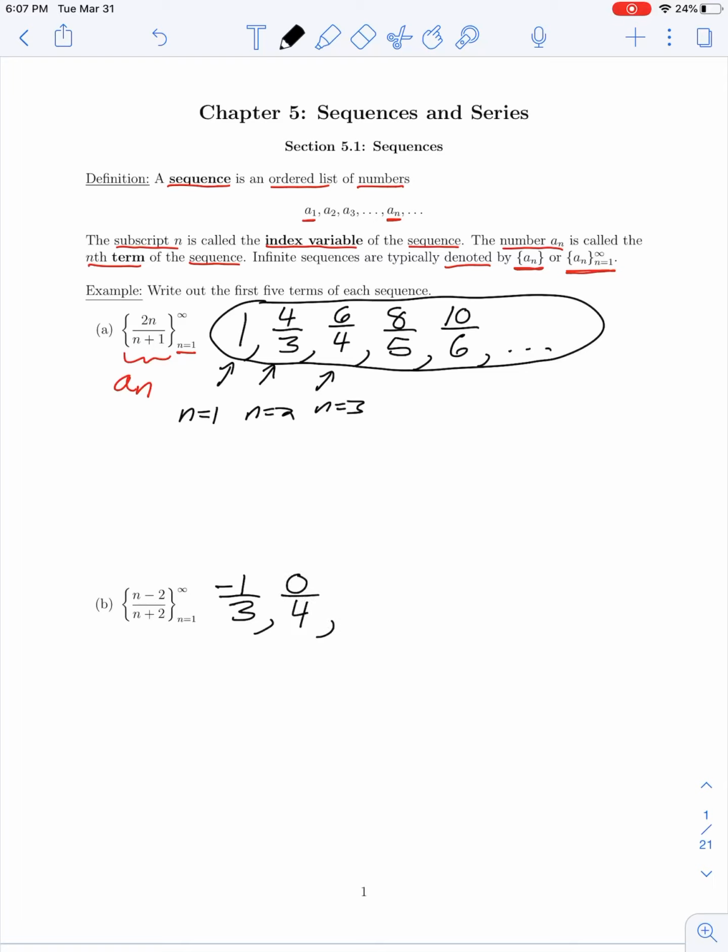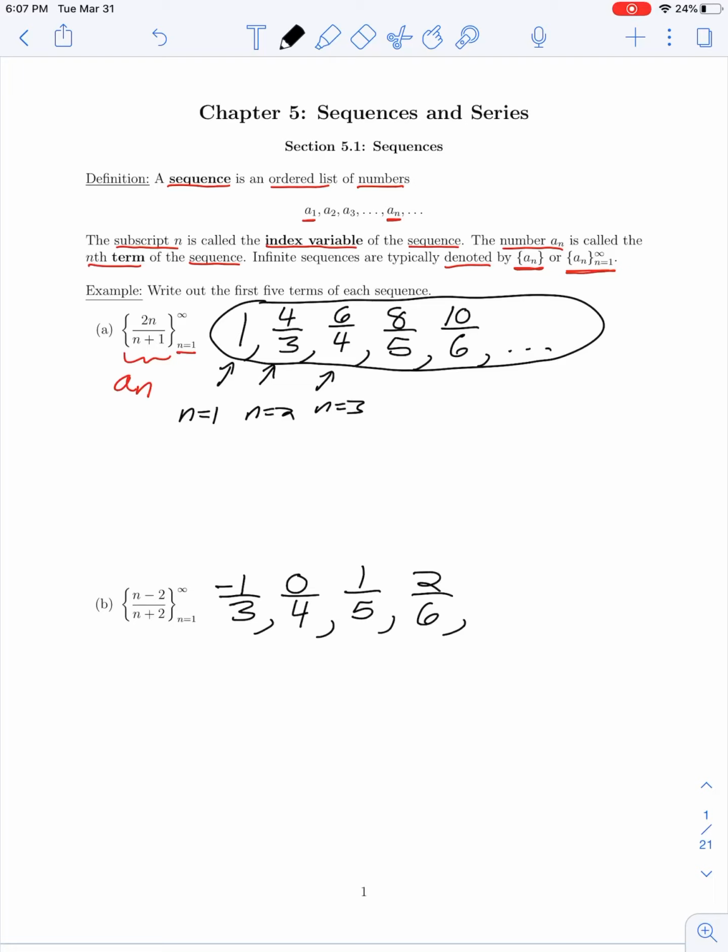To get the second term, we would plug in n equals 2, which would give us 0 over 4, or simply 0. To get the third term, we would plug in n equals 3, and that would give us 1 over 5.